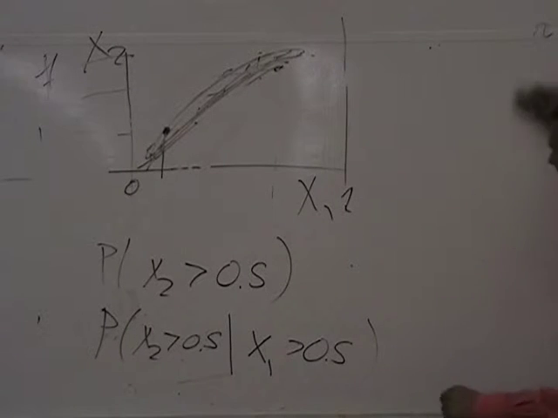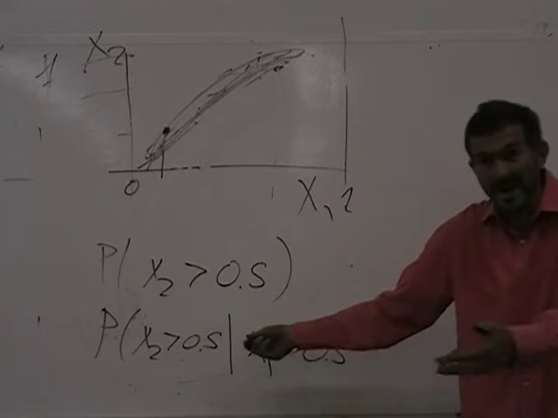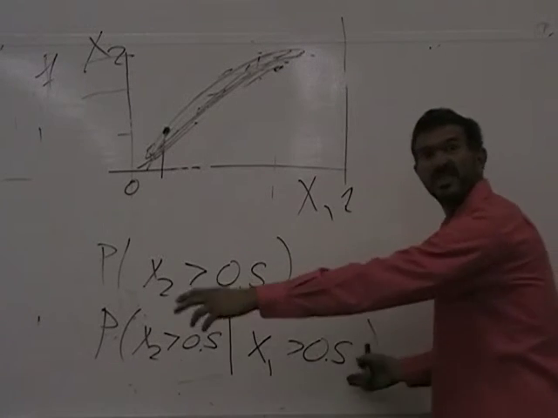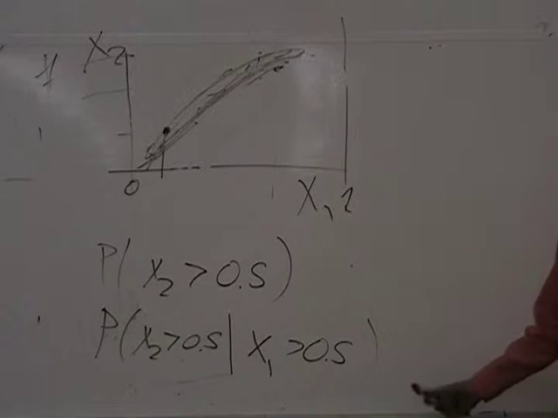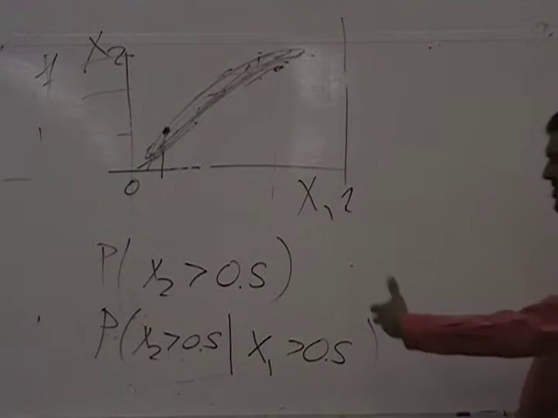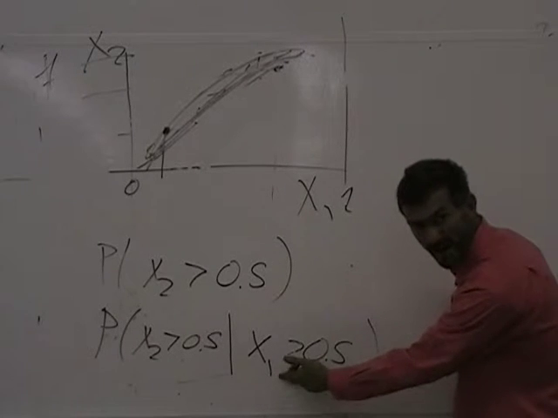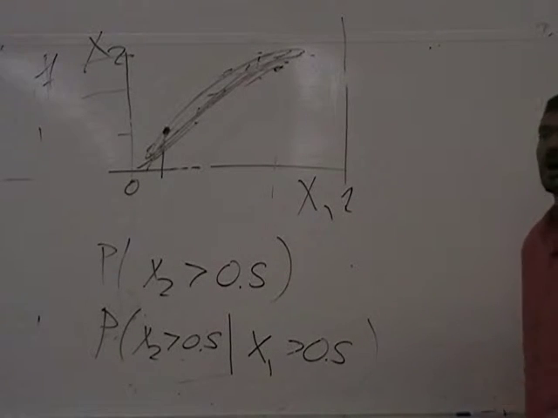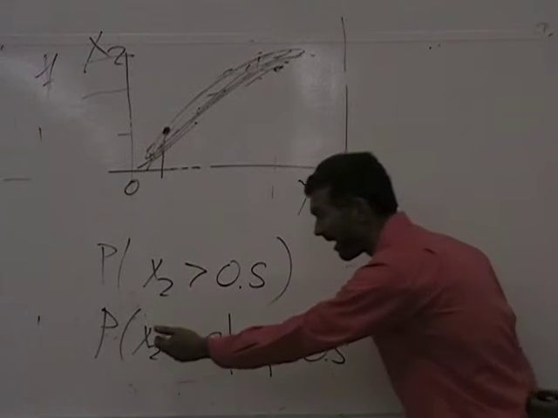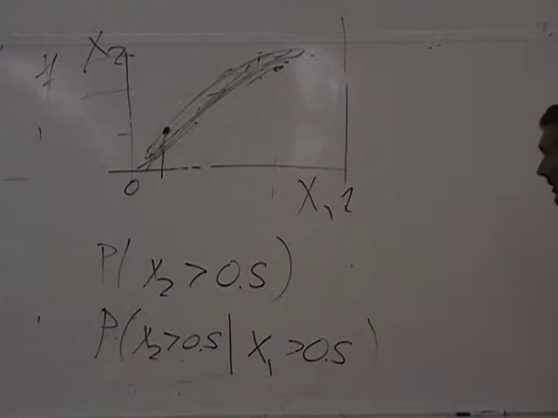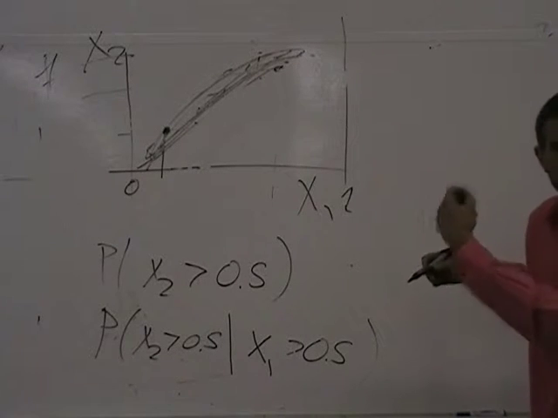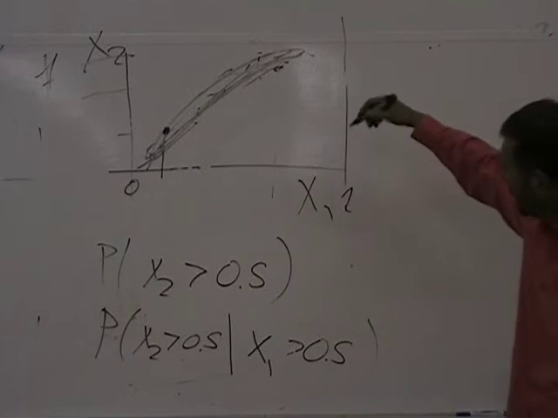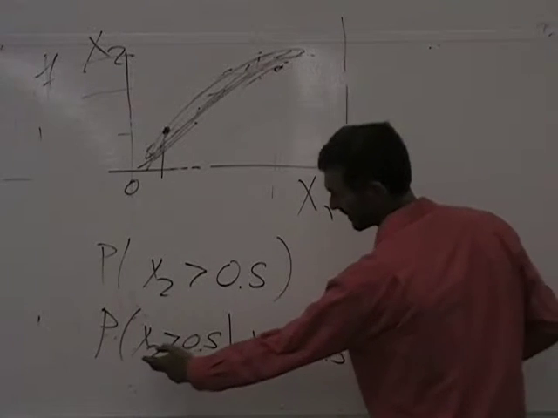So now let's just think. Does this do anything for us? Is there some use of this conditional probability? For example, if we knew something about x1, does it help us know more about x2? The answer in this case is yes.